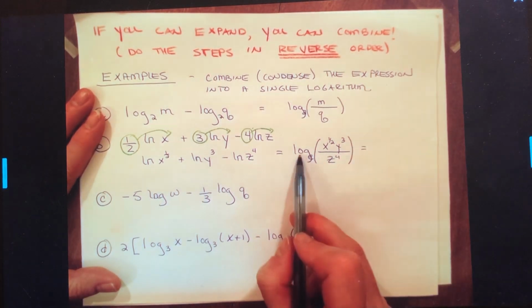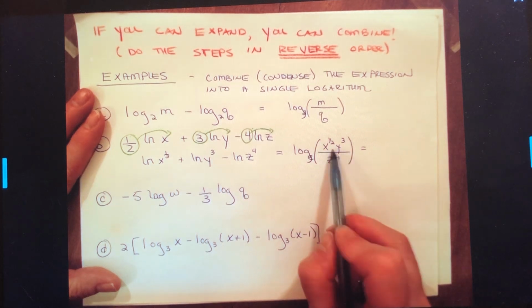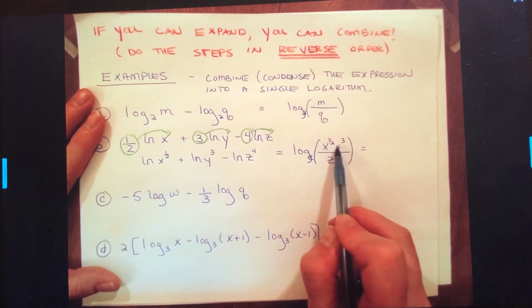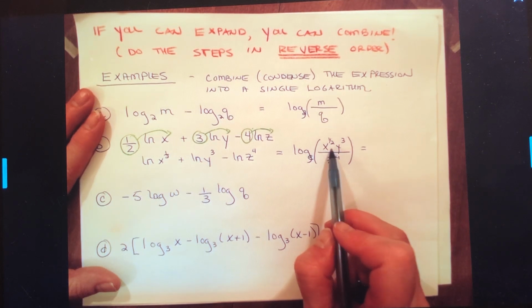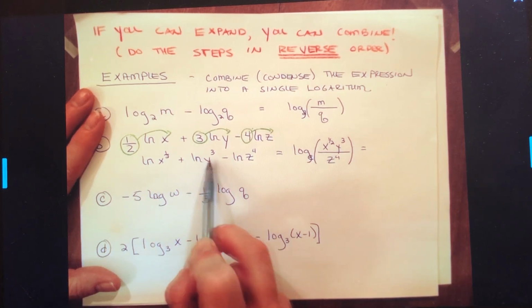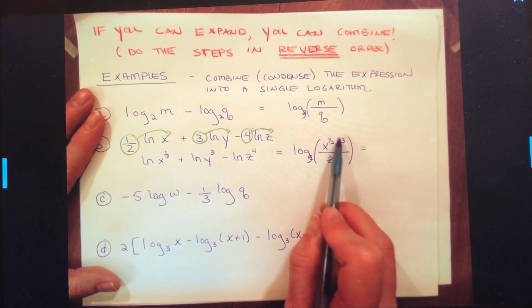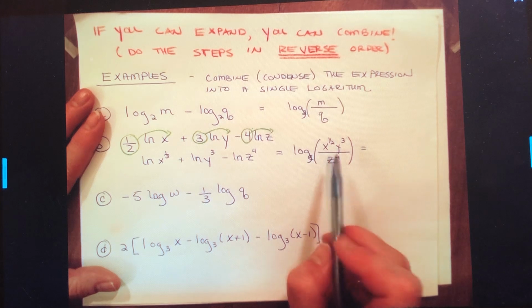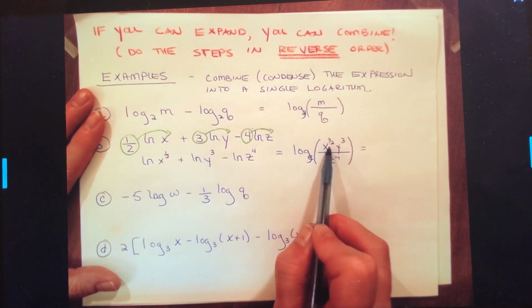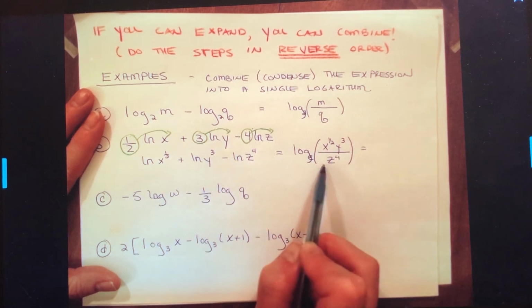And note that when I put them into the argument, they're all multiplied or divided. You're not adding or subtracting anything. So you literally take each of these things and write them directly as a product or division. Again, the positive terms get put up top, negative terms get put down below.